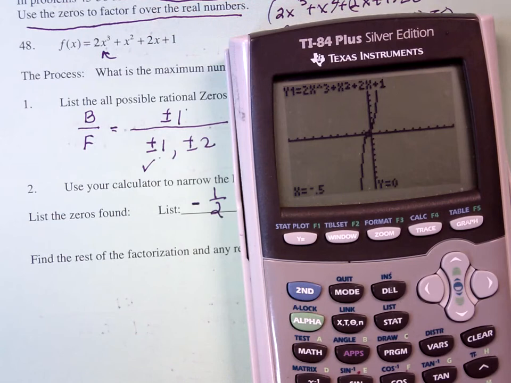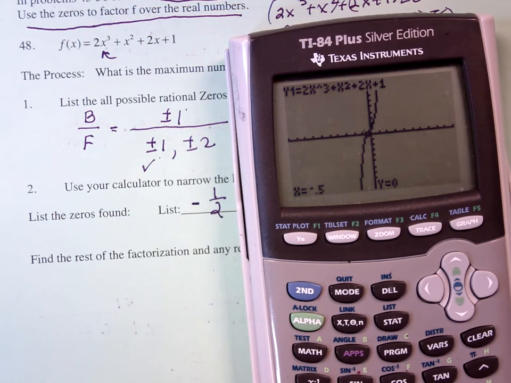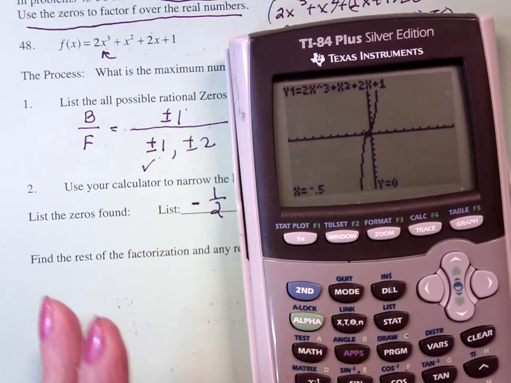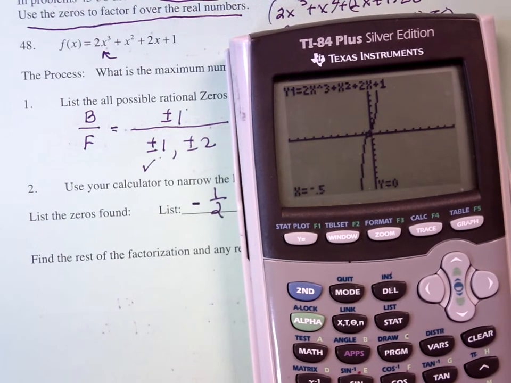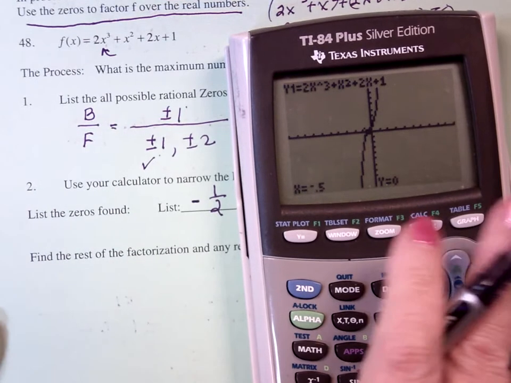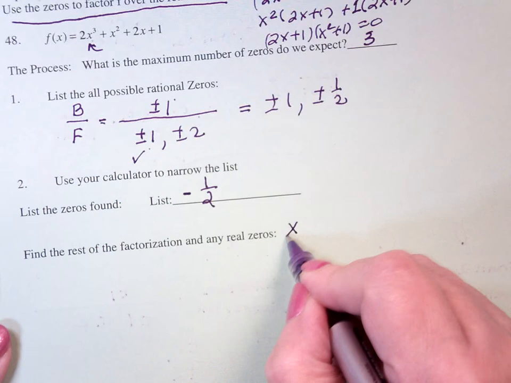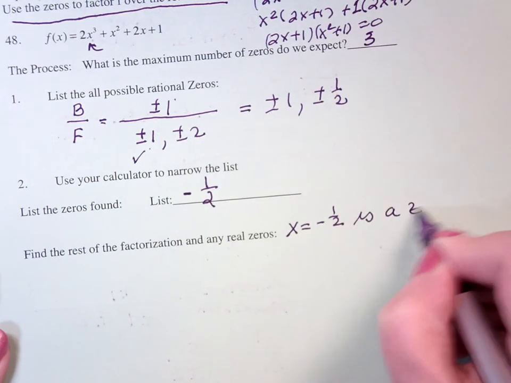That tells me that -1/2 is a 0. And if I had 3 or 4 of them, as long as I don't touch anything, I just keep typing in numbers and I can get my zeros. It'll just keep going like the Energizer Bunny. So that says I narrowed my list. X equals -1/2 is a 0.